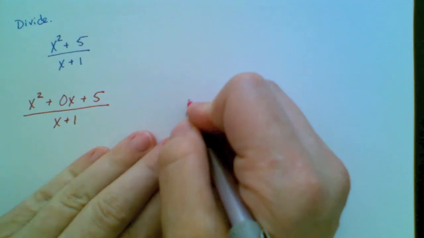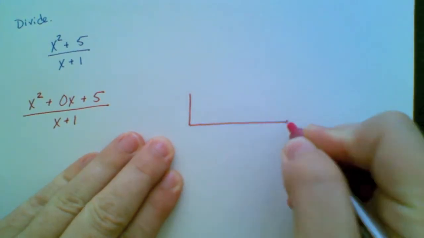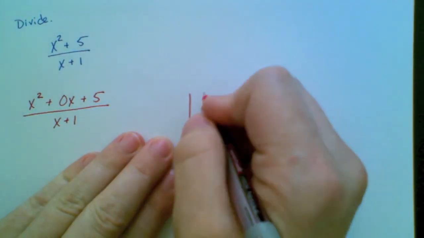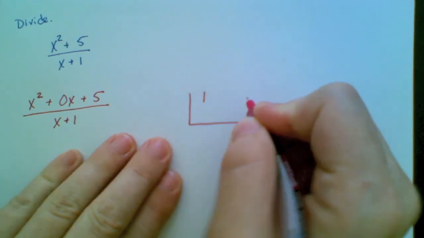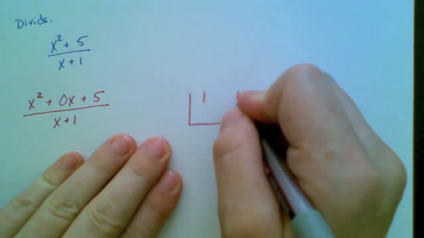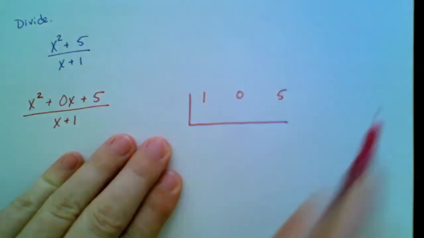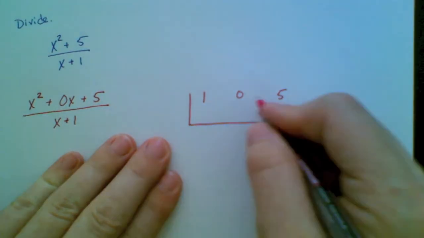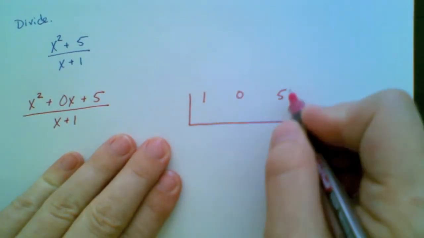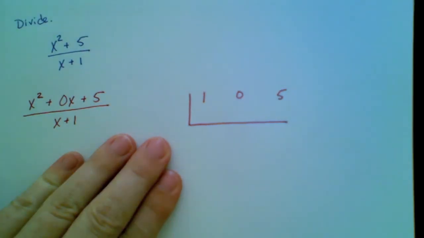This is important because when I'm doing the synthetic, it's all about position. I'm not writing down x's. And so I need to keep track of what my terms are by their position.